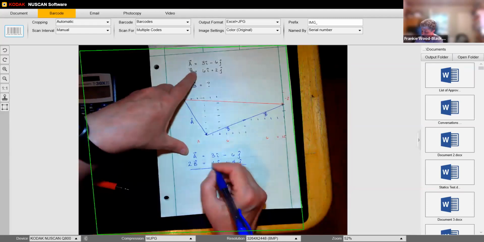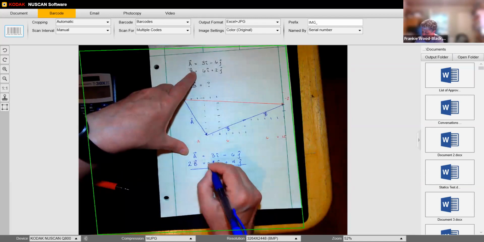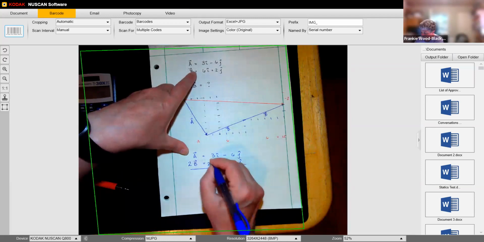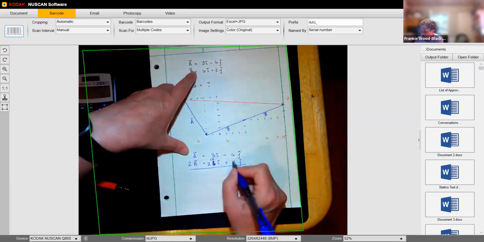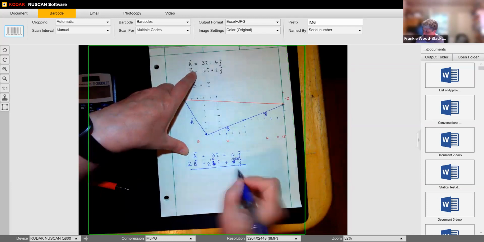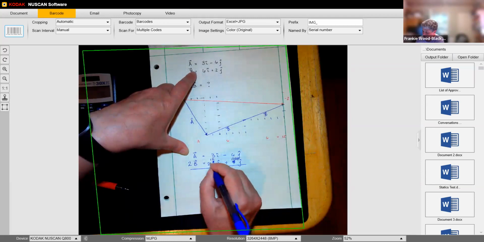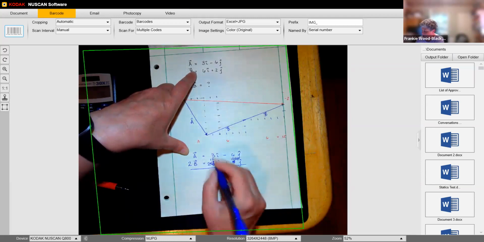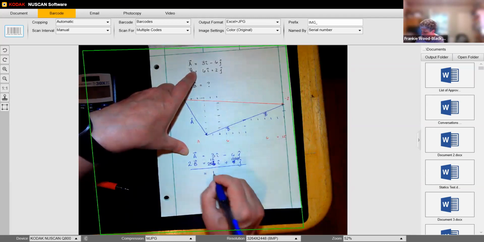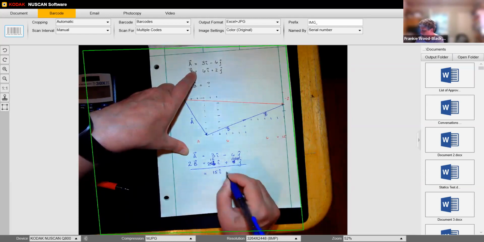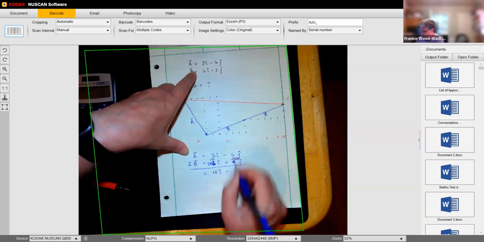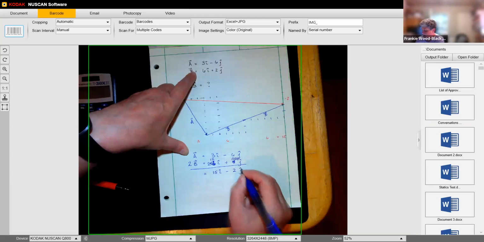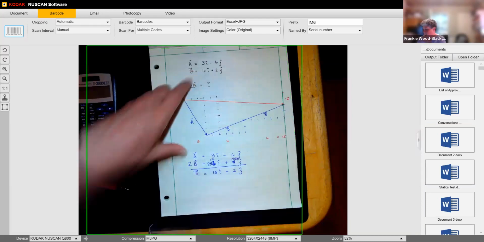Oh, I didn't do this right. This is 2 times 6, so that's 12. This is 2 times 2, so that's 4. So we're good there. So I've got 2 times 6 is 12. So I've got 3 plus 12 is 15i. And I have minus 2j, and that gets me my resultant vector.